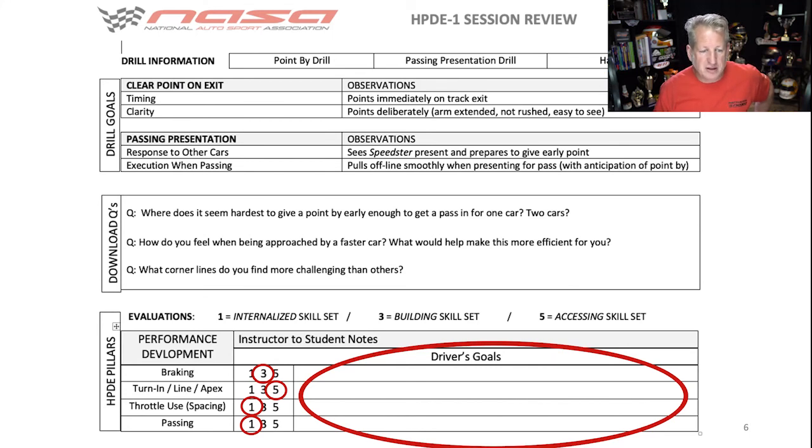And those are anything from attaboy, great job, you're doing great, to remember to turn in a little bit later, to let's be more smooth with your brakes. Anything like that that you're telling them, you want to write that down, because we're going to use that in class and we need that information.